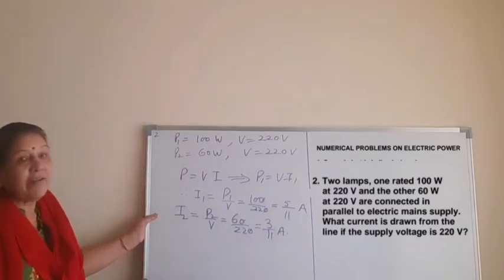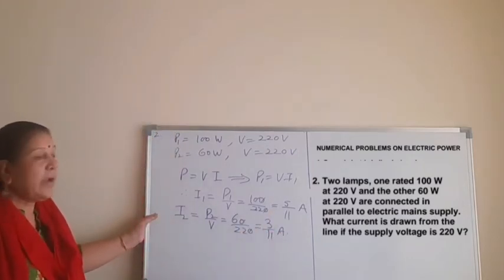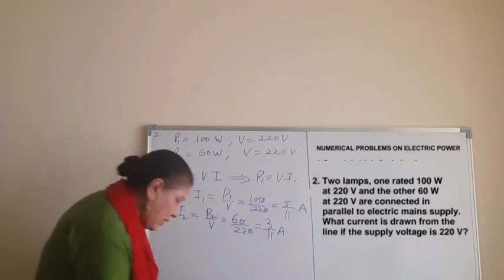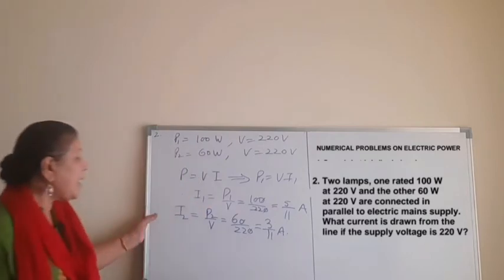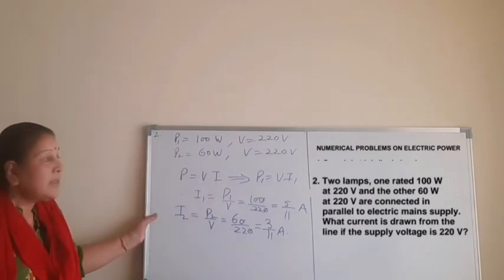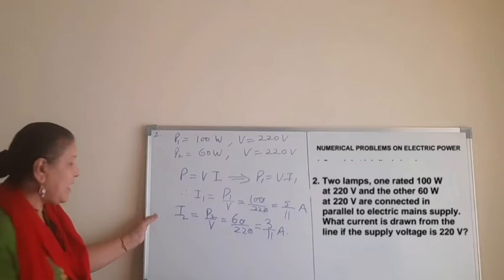So we found I1, the current flowing through the 100 watt bulb, and I2, the current flowing in the 60 watt bulb, is 3 by 11.